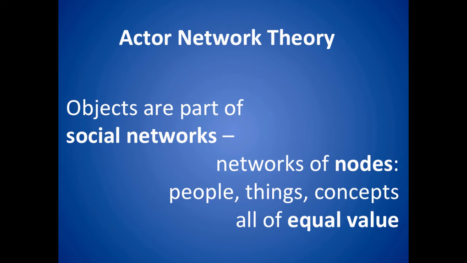We talked about actor network theory to a degree. I don't expect you to have a full grasp of this. I confess I don't even have a full grasp of this. It's a pretty complex idea, but basically what it talks about is emphasizing the space between objects themselves, meaning the example I gave was the supermarket shelf. Actor network theory isn't as interested in the jars of mustard and barbecue sauce and olives. What actor network theory asks is what happens between them. Is it important that they're next to each other?